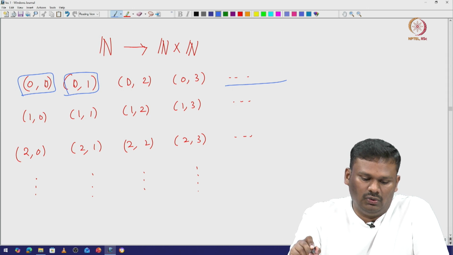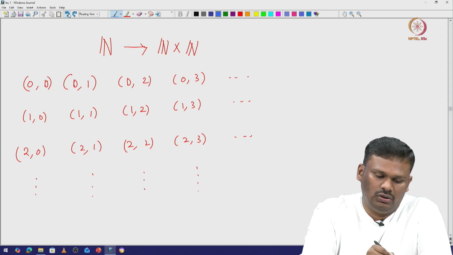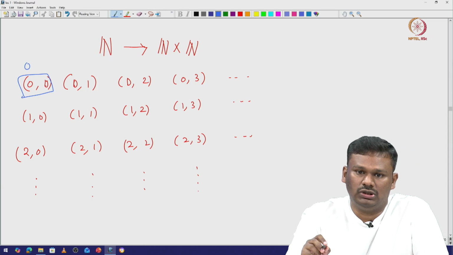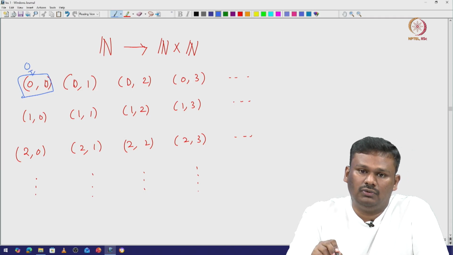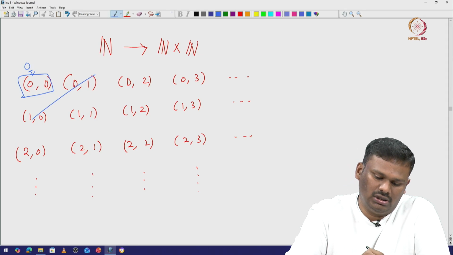That is why we are going to do this simple trick. We say that 0 is mapped to this element. And then we will go diagonally, so we just go to the next diagonal. These are all the diagonals for us.